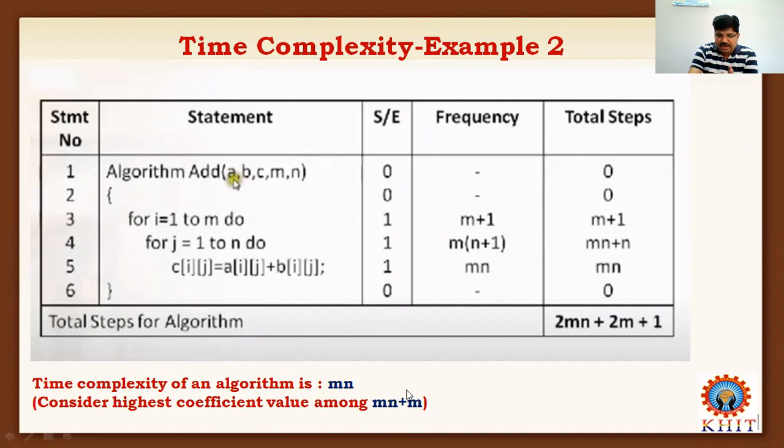So ignore the least coefficient value. In this case, we are ignoring the least coefficient value m. When we ignore m, what is left finally? mn is left. So finally, based on the given expression, we get the answer mn. So the time complexity of example 2 is mn.